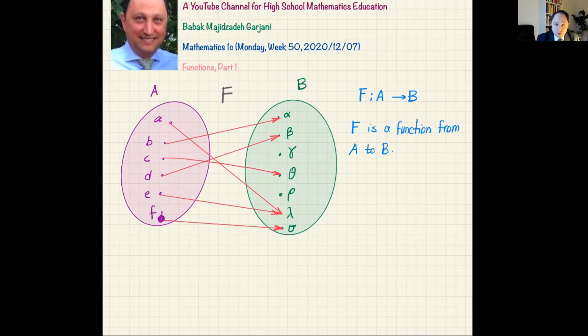There are two ways to express this in symbols. We can say that A is sent to lambda and put the name of the function on top of that. This is read in this way: the function f sends A to lambda. This is one way of reading this. Or you can say that the image of A under the function f is lambda. That is also one way of reading this.